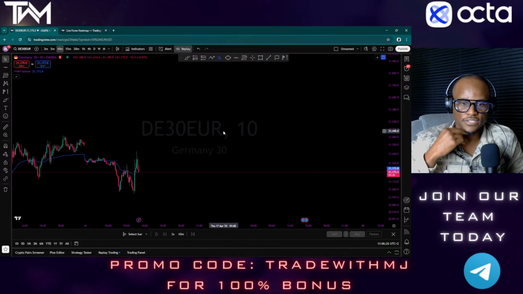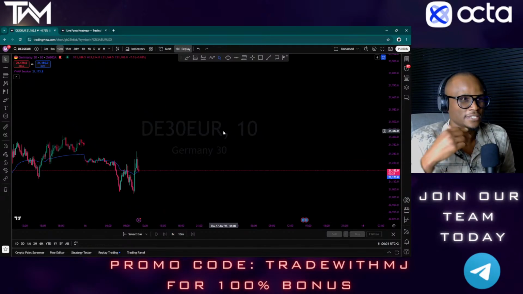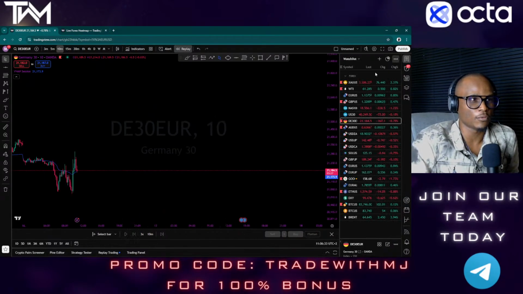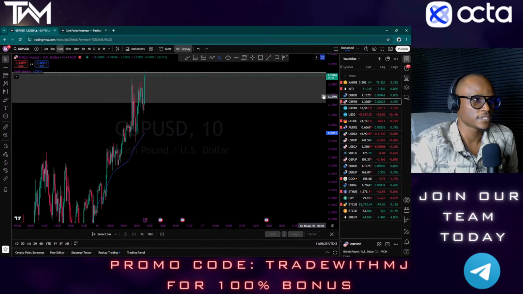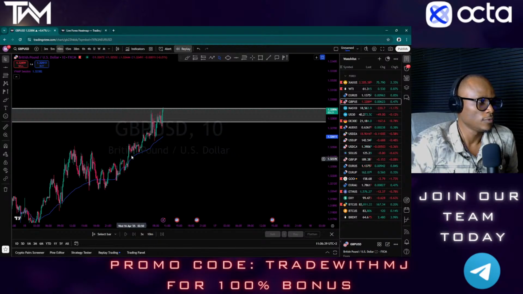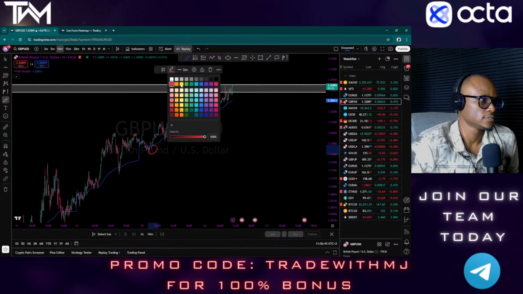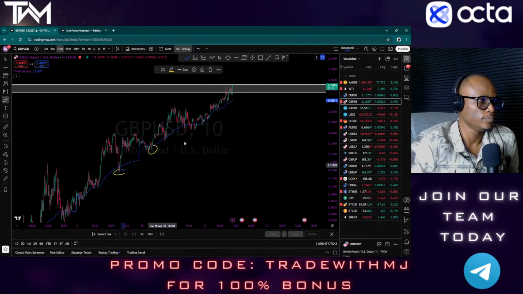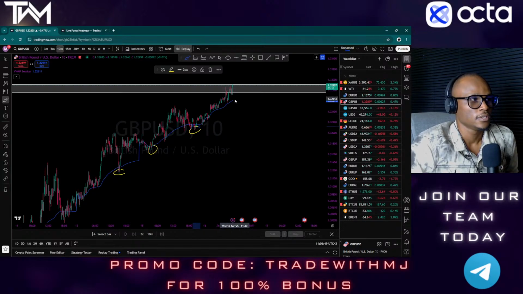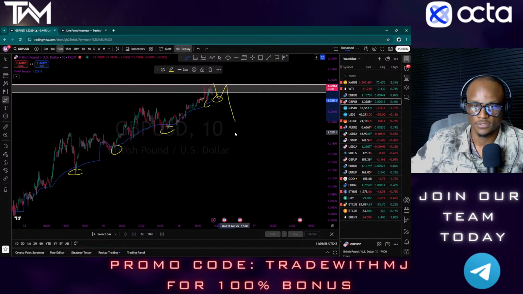So I can never chase this market. Never. Just because I see the market is going up all the time, I want to buy. For example, if now I'm seeing that GU is going up, we came at this low, I buy. Another low here, bought. Another low here, bought. Another low here, bought. When it comes to this point, if I'm going to buy, chances are it's going to trap me.